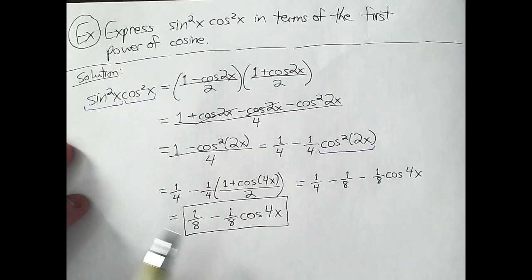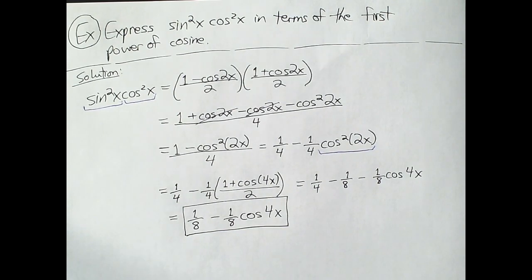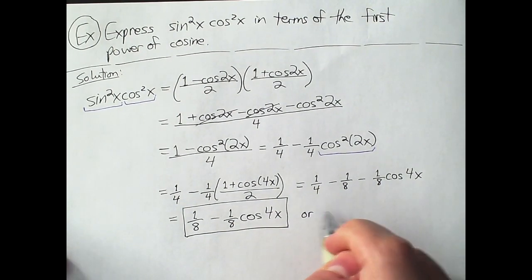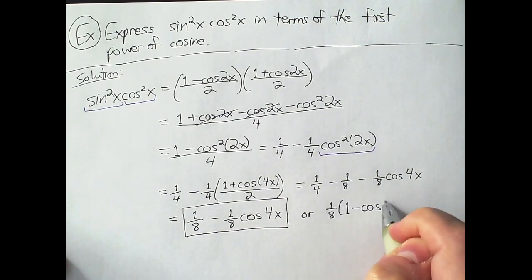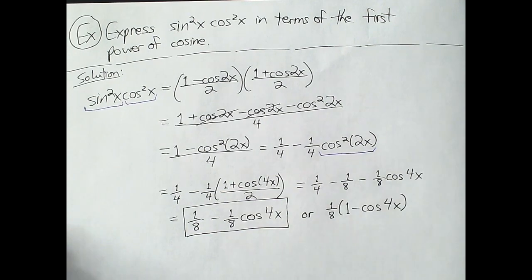So that is equivalent to the original problem, but now it's only in the first power of cosine. Another way you could write it, if you wanted to pull out the 1/8, is to do this. Either one of these looks good to me.